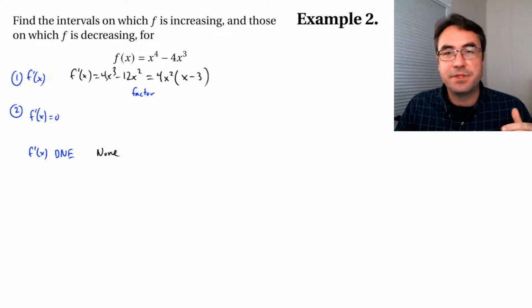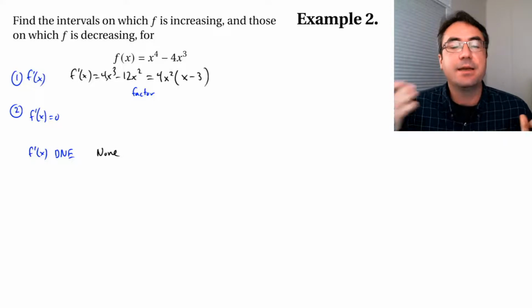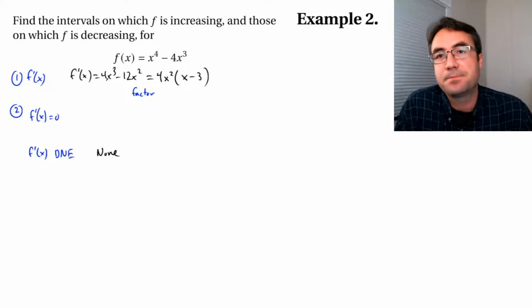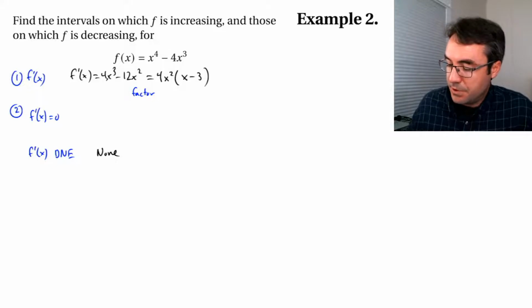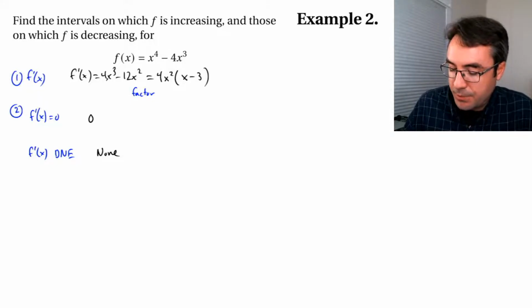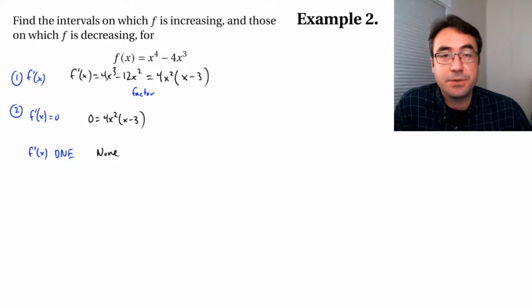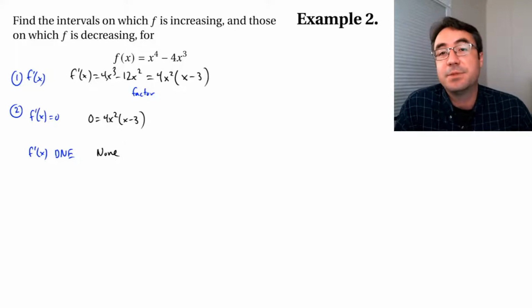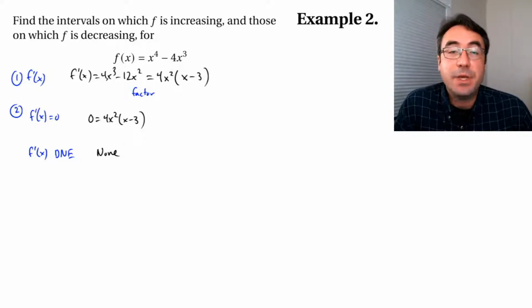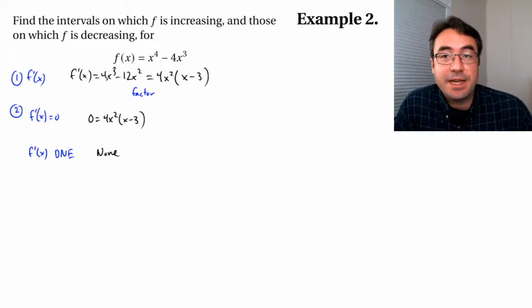Our derivative is never undefined, so we're not going to get any x value there, so none. But our derivative might be equal to 0, so let's work on that one. So we take the factored version of our derivative, set that equal to 0. That gives us the equation 0 is equal to 4x squared times x minus 3. Because it's already factored, we can just set each of those individual factors equal to 0.